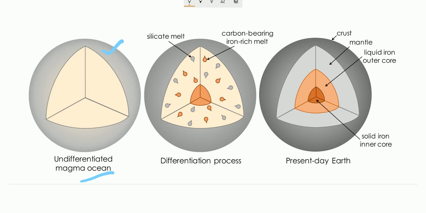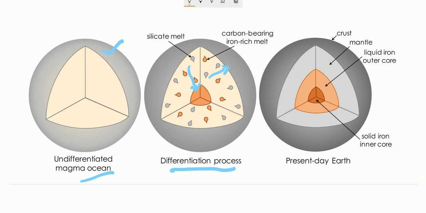But in due course of time, the temperature of the Earth dropped, and accordingly heavy metals like iron and nickel sank towards the center, whereas light materials like aluminum and silicate rose upwards. This process is known as differentiation.